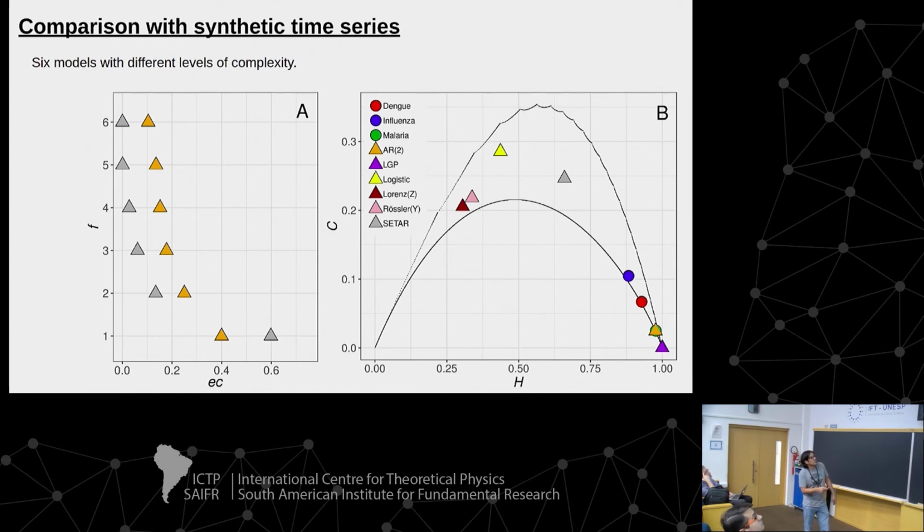And here we also show the global position of each time series in the plane of complexity and entropy. We can see that the diseases all kind of gather here. This is influenza, this is dengue, and here, back here, is malaria, on the side of negative correlations of complexity and entropy. But what we can see is that in general, from the global perspective, influenza has a larger complexity than dengue and even than malaria.